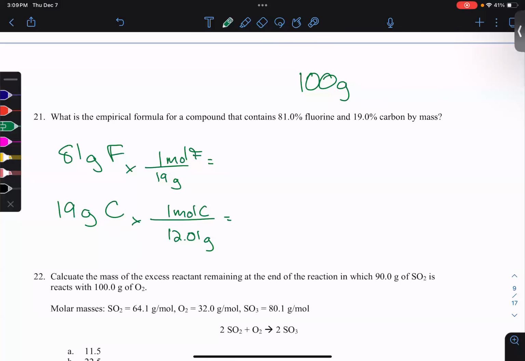If you calculate that, my 100 gram sample has 4.26 moles of fluorine and 1.58 moles of carbon.